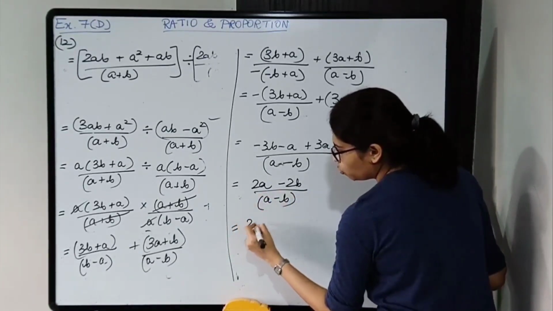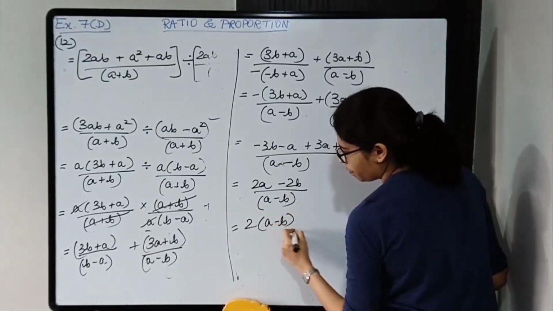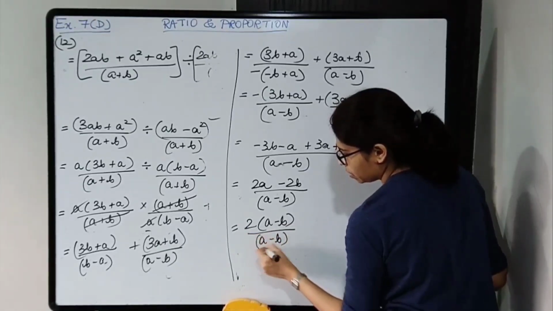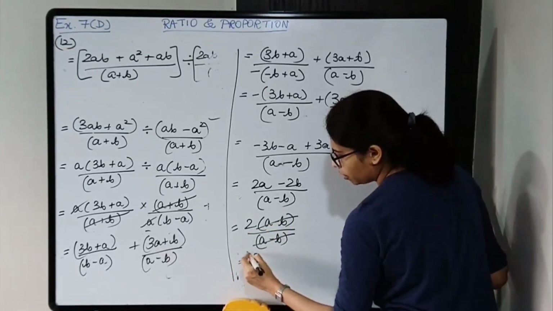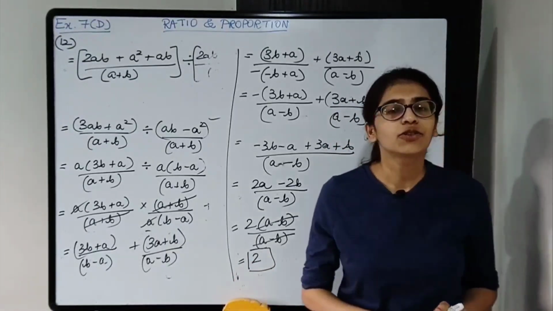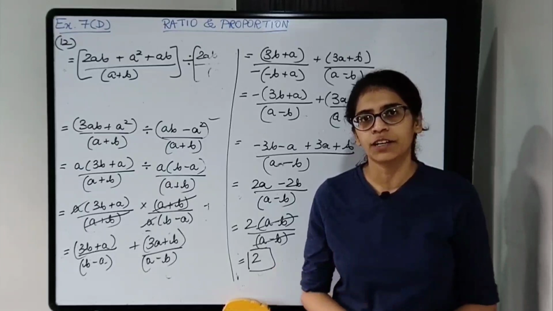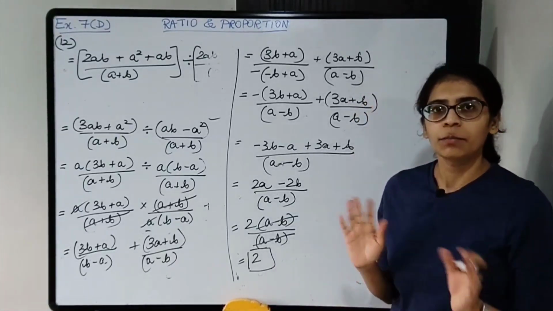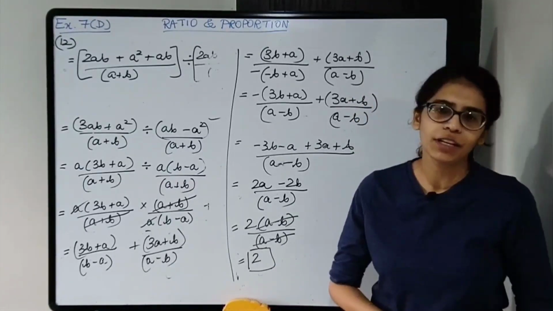I can take 2 common, so a minus b upon a minus b cancels, you are left with 2. Okay, I'd still suggest that you use the componendo dividendo method. It will be a much shorter method and you'll also be familiar with the properties.